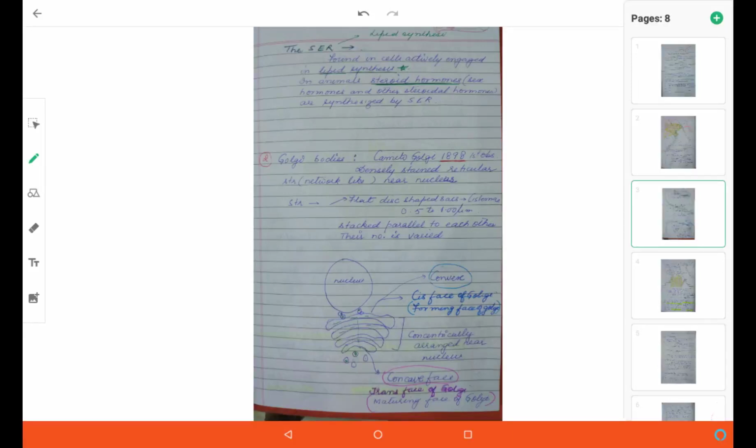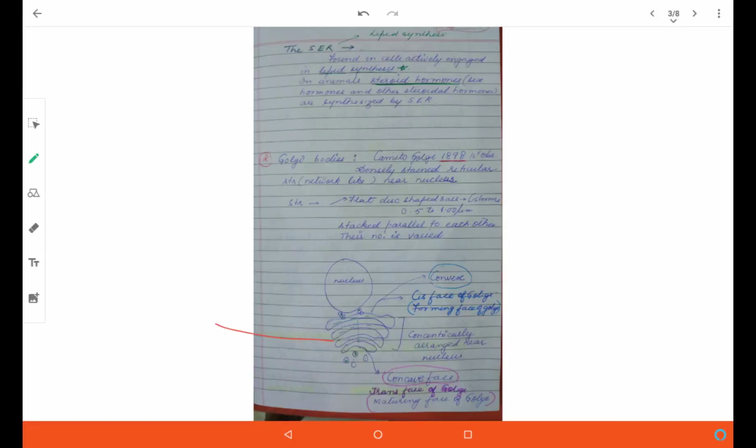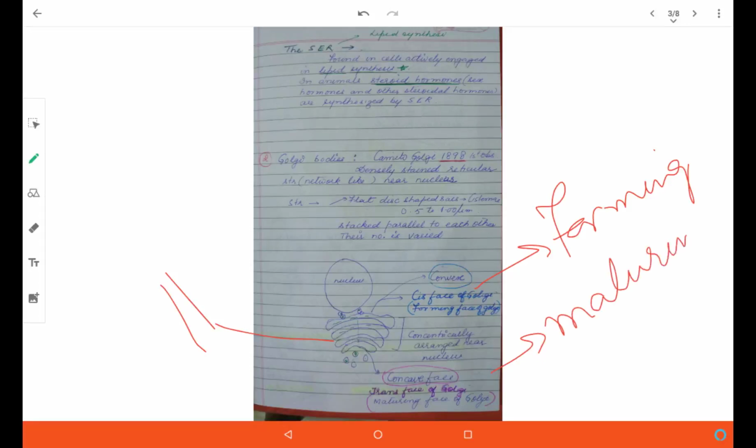You can cite that these are the cisternae, and they are parallelly arranged, and this is the forming phase, means the Golgi particles or elements get associated at this place, and the concave face is the trans phase, also called the maturing phase.